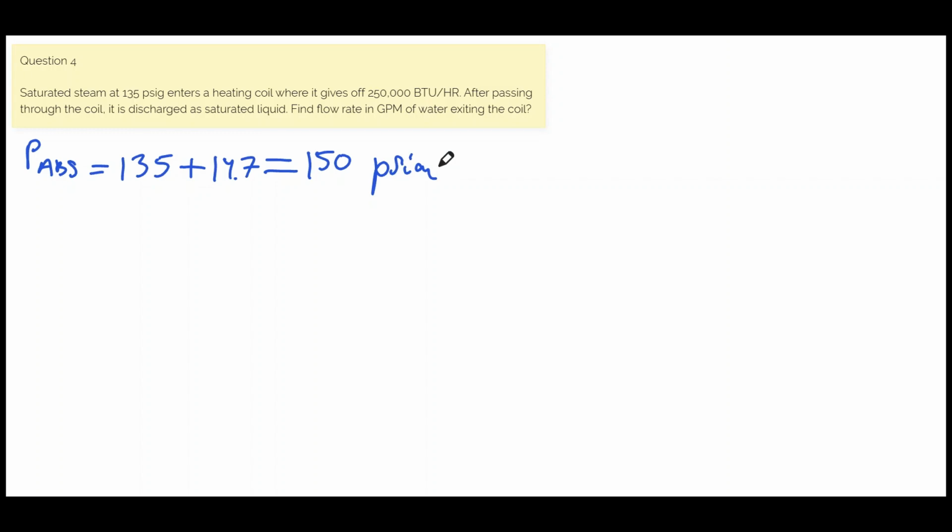Now go to the steam tables, the pressure steam table, and you basically have to find enthalpy for liquid and gas. So go to the tables and you'll see the enthalpy section, and the measurements for enthalpy are BTU per pound mass, LBM.